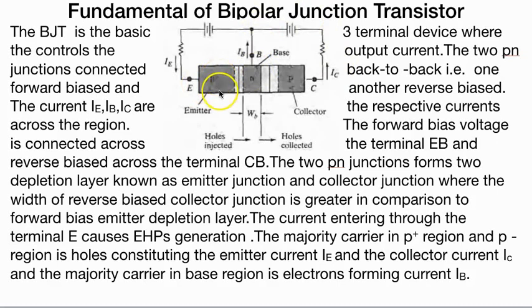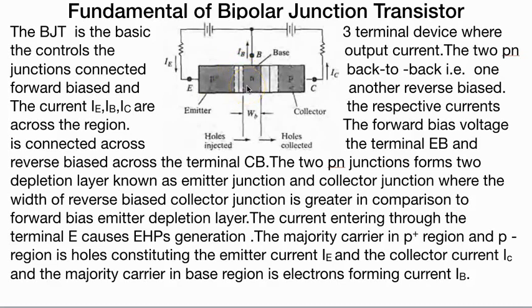That's why their depletion region is less, as the majority carriers from the emitter region cross to the base region and become minority charge carriers, and only minority charge carriers can pass through this depletion region.